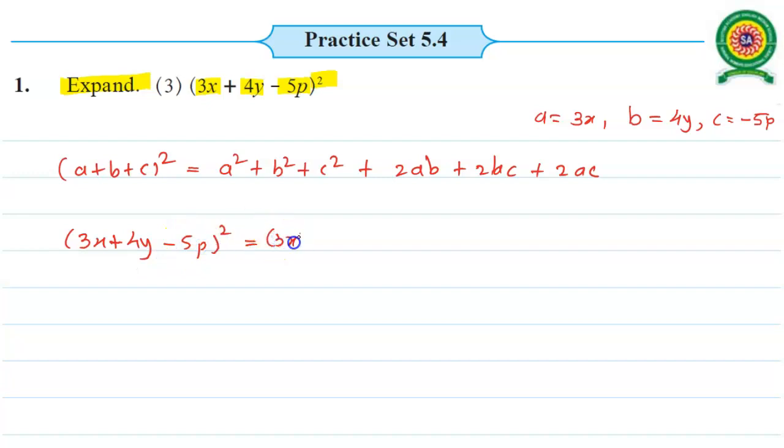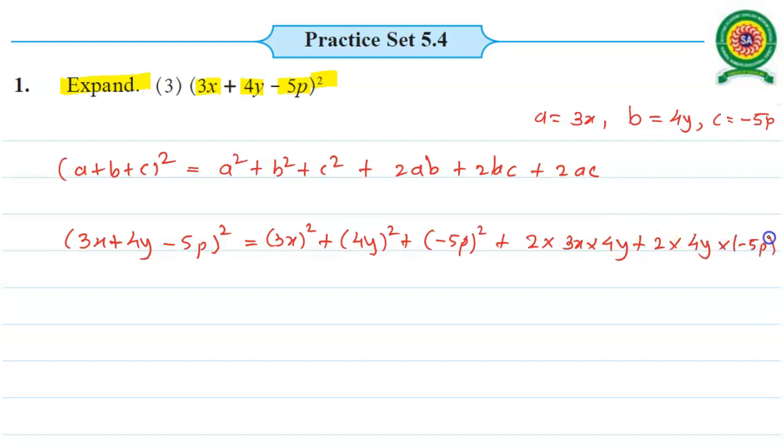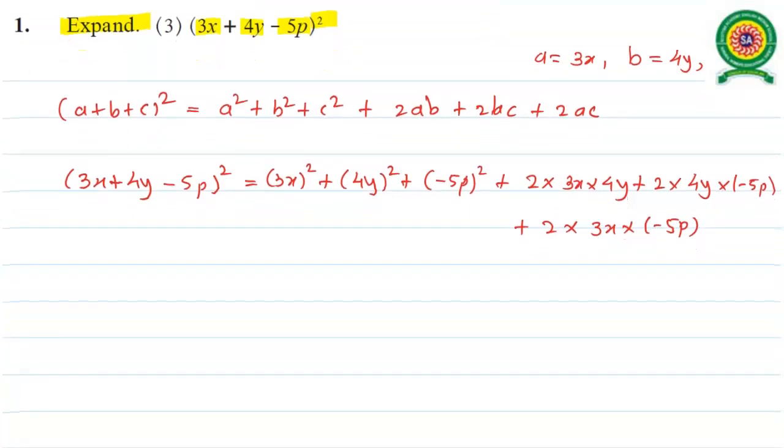So we have (3x) the whole square plus (4y) the whole square plus (minus 5p) the whole square, plus 2 times ab, that means 3x into 4y, plus 2 times bc, that means 4y into minus 5p, plus 2 times ac, that means 3x into minus 5p. Replacing a, b and c by their values, the expansion for (3x + 4y - 5p) the whole square is of the form above.